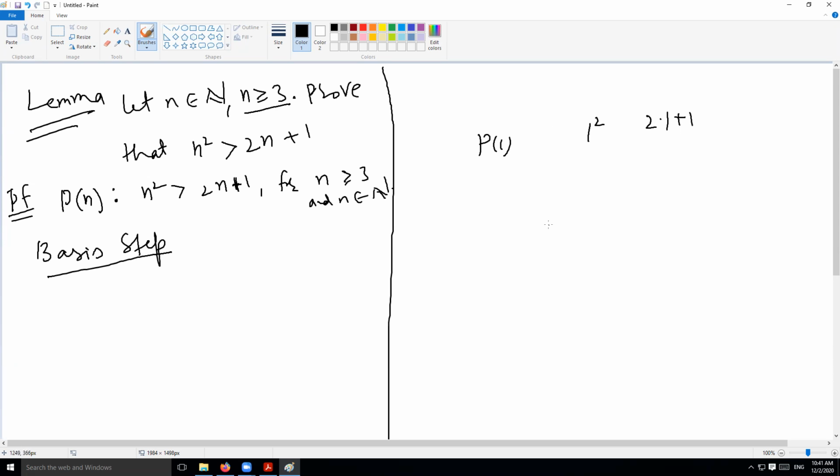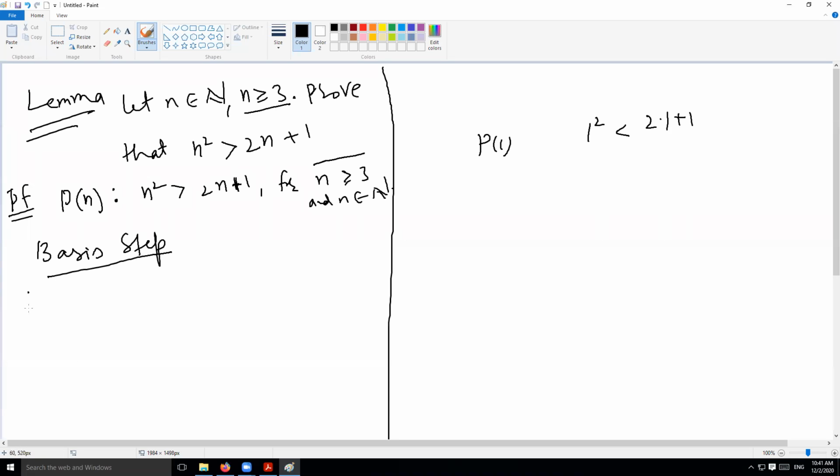This statement is explicitly saying to prove it for n bigger than or equal to 3, so you have to start not from 1, but from 3.